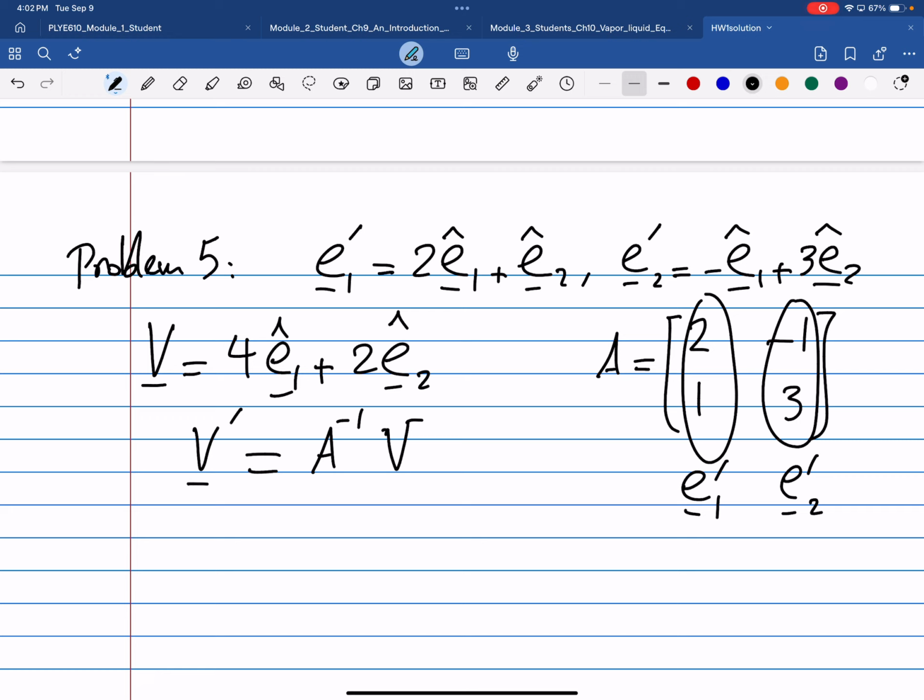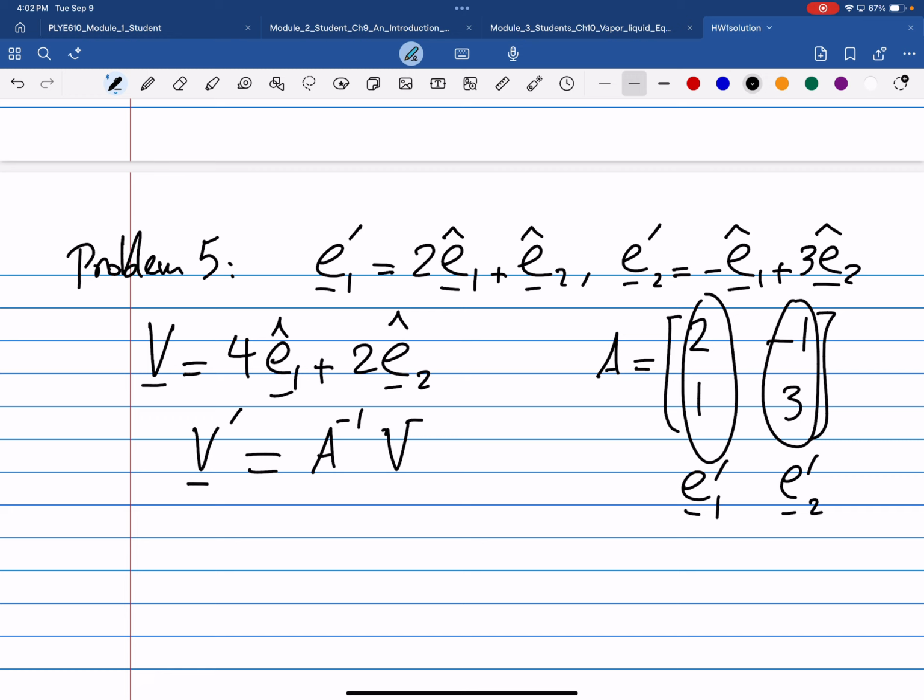What is A prime here? The inverse is the inverse of this matrix upon the determinant. That will give me the inverse, yeah, that's fine. But what is A prime? Only this matrix.